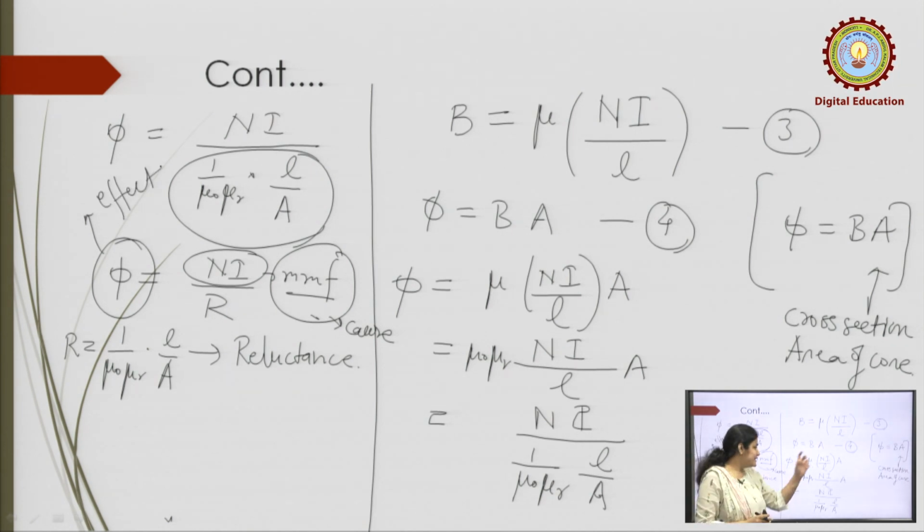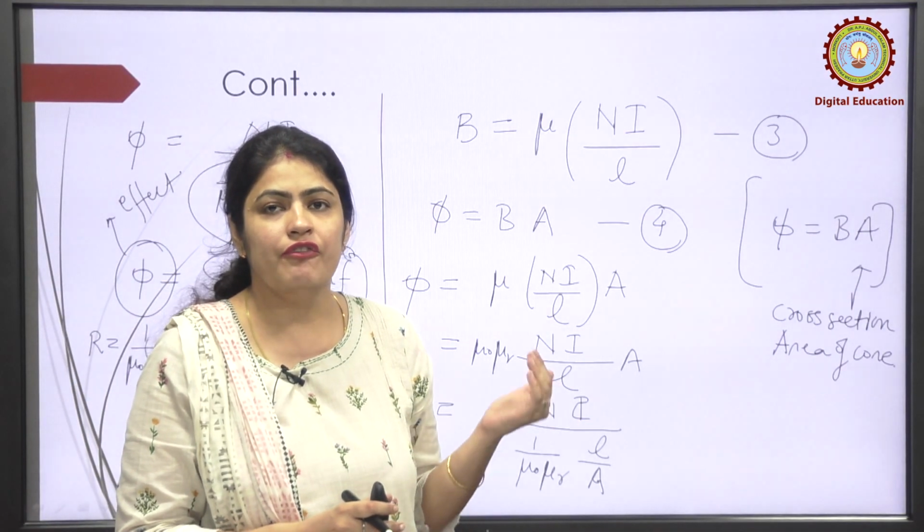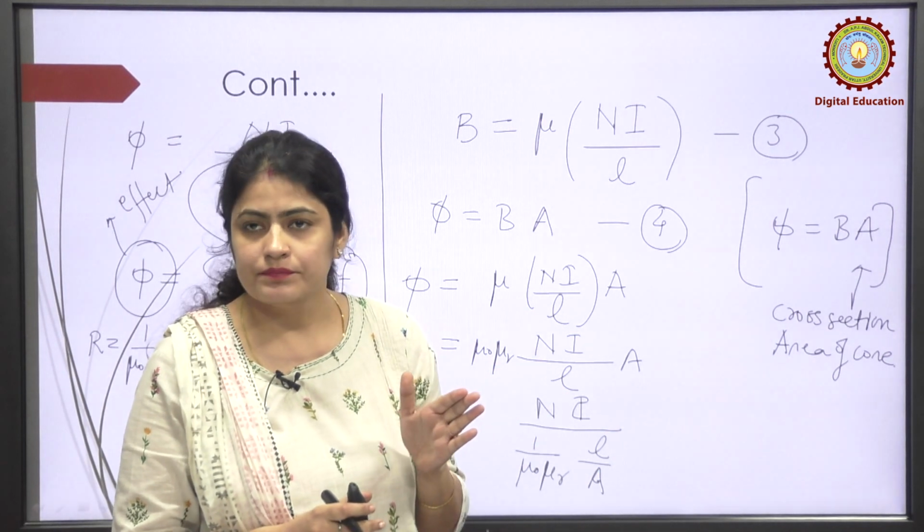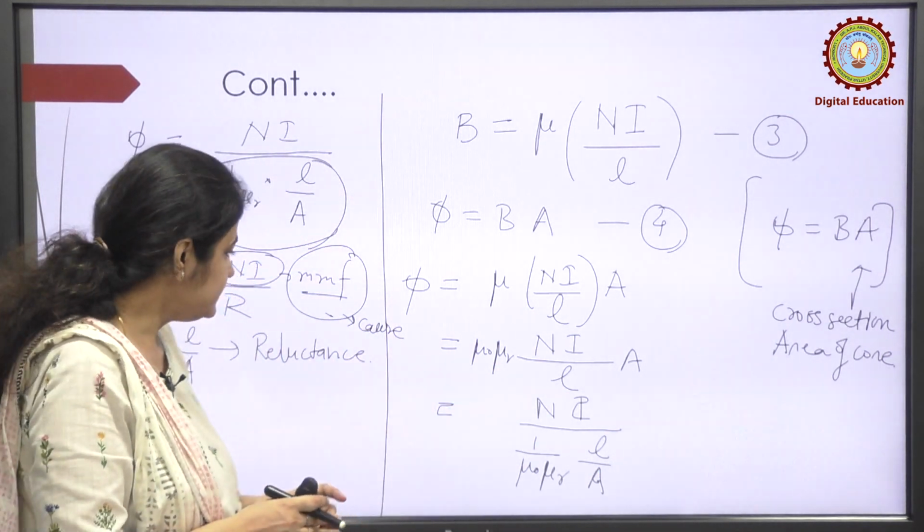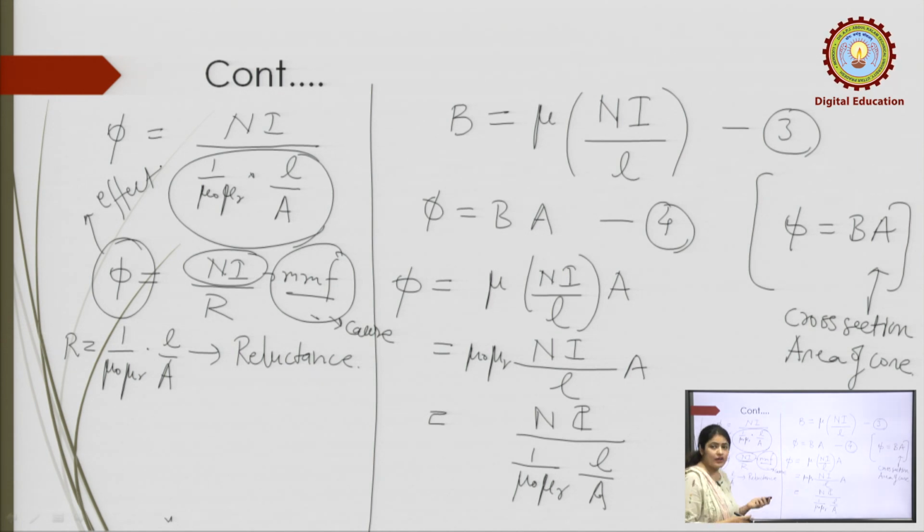In a DC circuit, when you apply the voltage, the current will start flowing, and this current is responsible for producing the flux in the core. This circuit can be represented as analogous to an electrical circuit, where the current is equal to EMF upon the resistance.